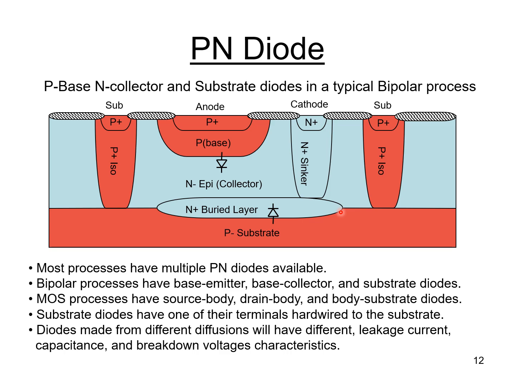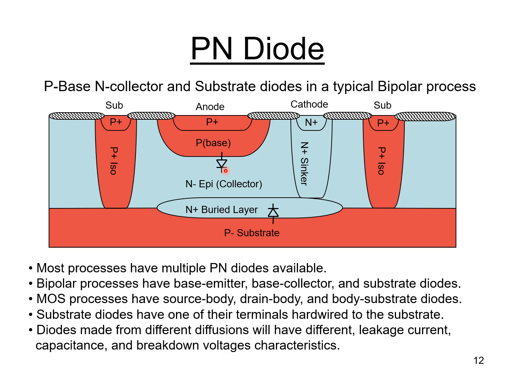If we look at the bottom diode in the above diagram, you can see that one terminal is tied to the substrate, so that terminal can't be tied elsewhere. Whereas the upper diode in the picture, the P-base N minus epi, those terminals can both be tied to different places, so you're not tied into a substrate anywhere.